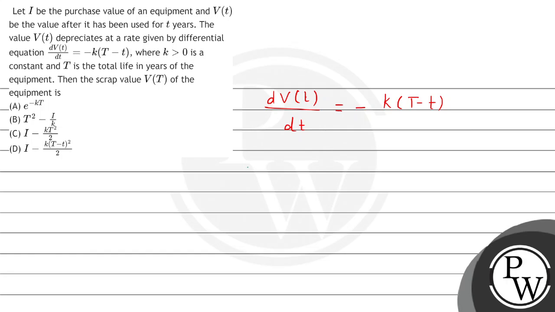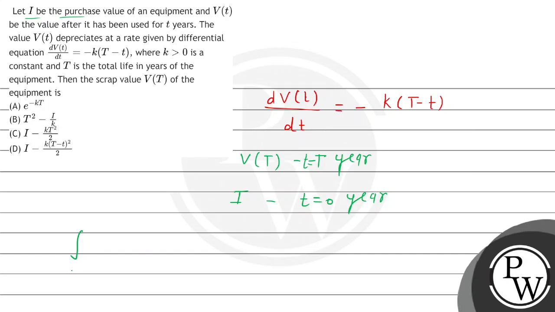First of all, we need to know that V(t), the value after t years, is V of T, and we know that the value is I. Here it is given that I is the purchase value of the equipment, so at t equal to 0, when the time was 0, and it is after time T years.